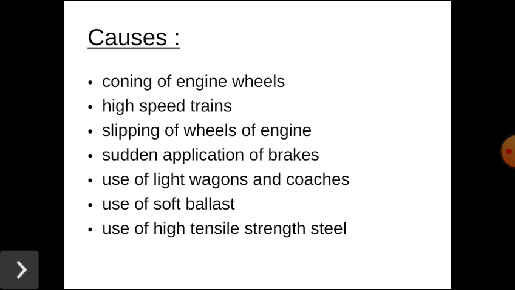The roaring rails are caused by the coning of engine wheels, high-speed trains, slipping of wheels of engine, sudden application of brakes, use of light wagons and coaches, use of soft ballast, and use of high tensile strength steel.